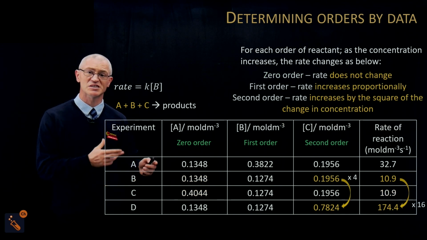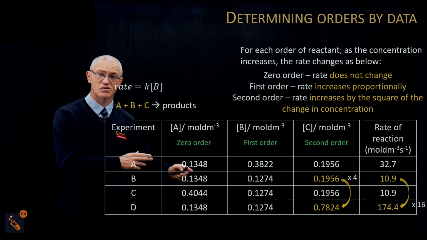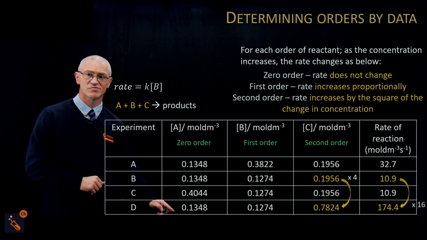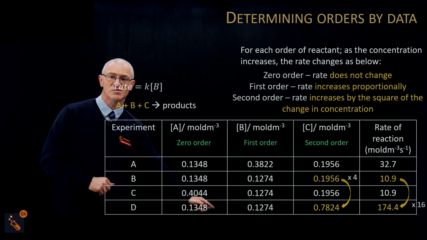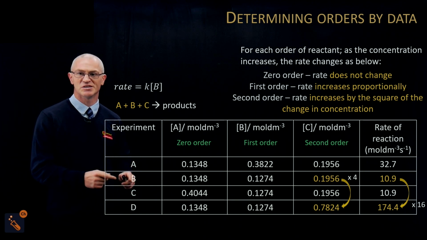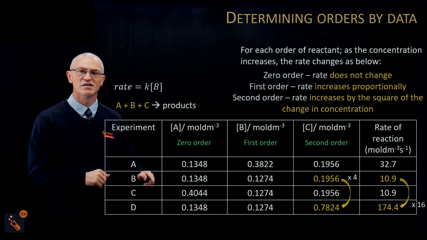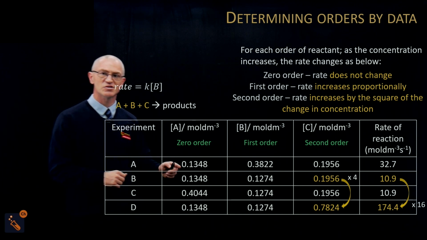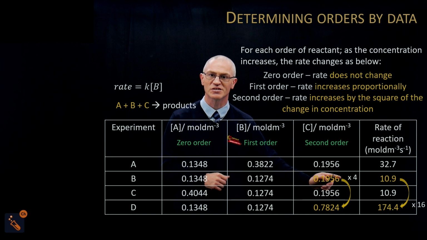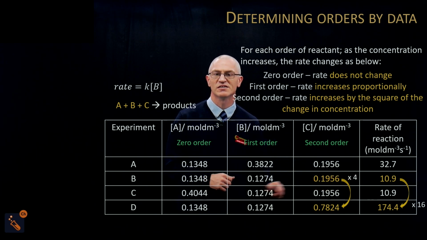If we move on to the next one, we can see times by 4. Remember, we're comparing now B to D. That's because the concentration of A remains the same, the concentration of B remains the same, so we can compare those two. You don't have to compare A to B, then B to C. You can jump around. Now that means that we've timesed the concentration of C by 4, but the rate is times by 16.